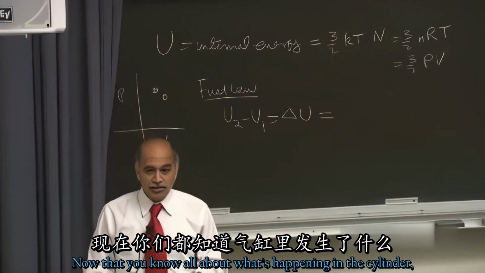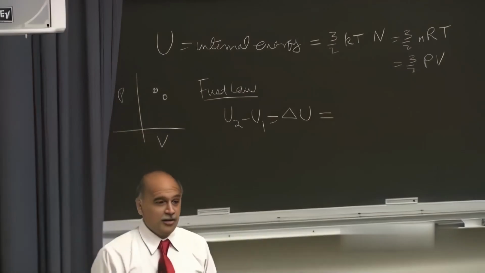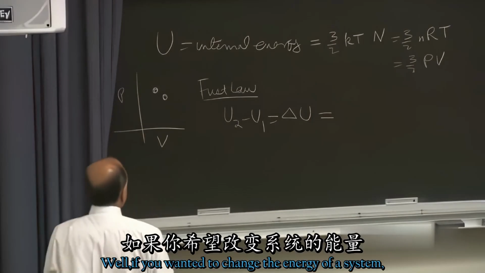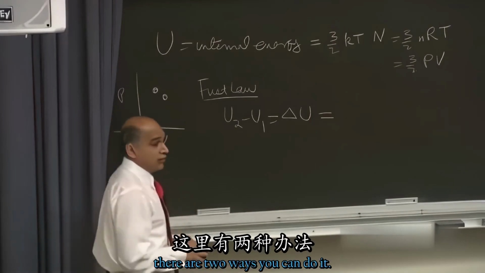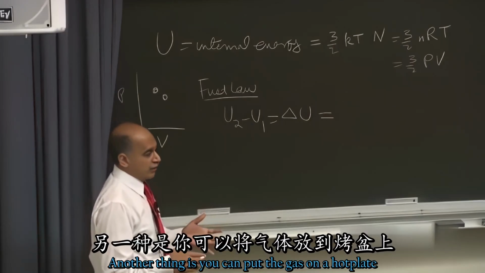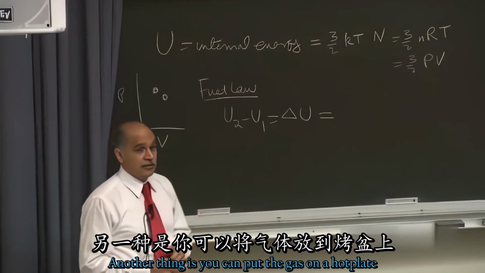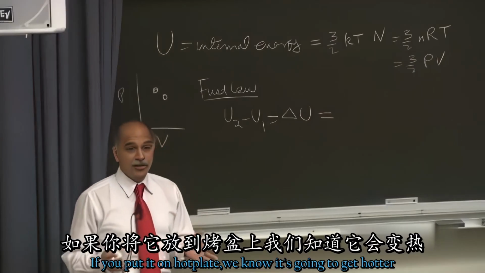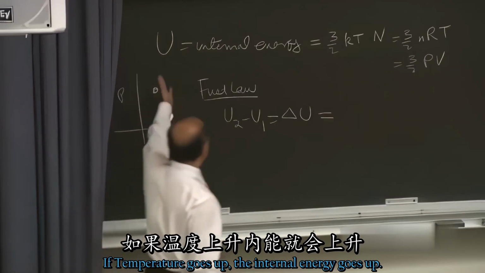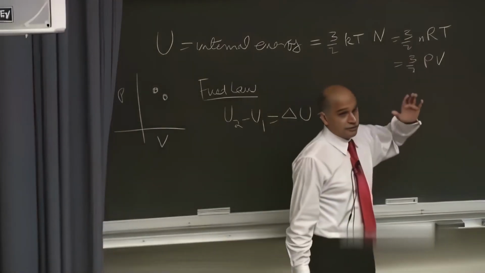Now that you know all about what's happening in the cylinder, you can ask, how will I change the energy? Well, if you want to change the energy of a system, there are two ways you can do it. One is you can do work on the gas. Another thing is you can put the gas on a hot plate. Because if you put it on a hot plate, we know it's going to get hotter. If it gets hotter, temperature goes up. If temperature goes up, the internal energy goes up.